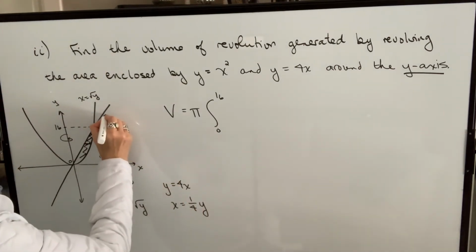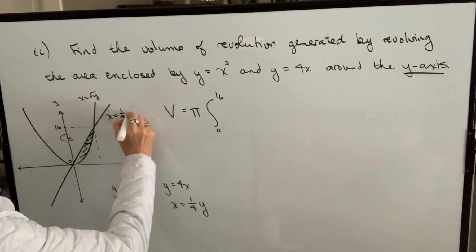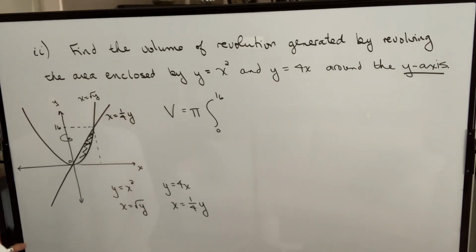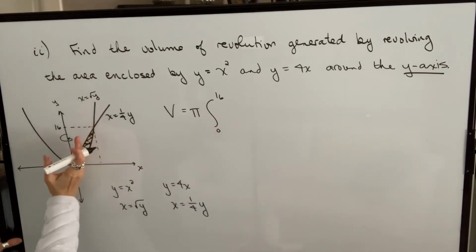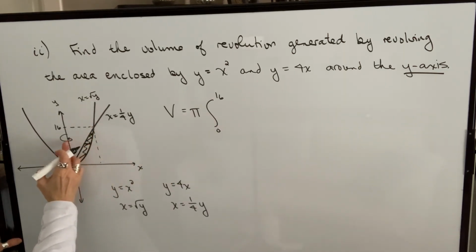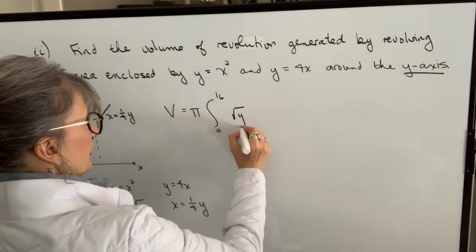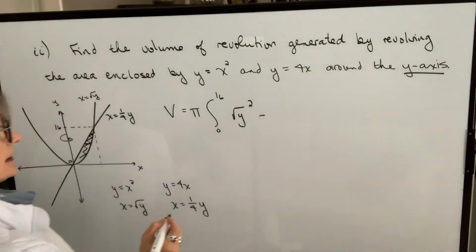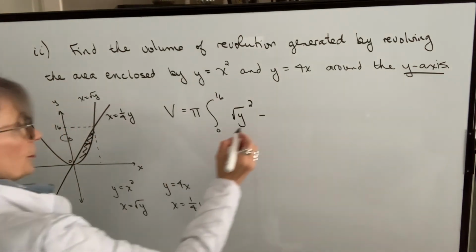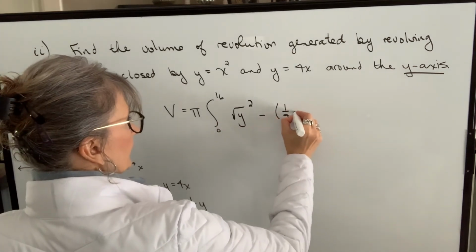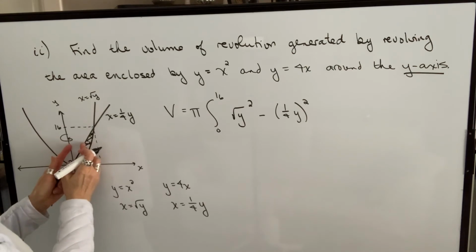So that's this function here. So our outside function, in this case the function furthest away from the y-axis, will be the square root of y, square root of y squared, minus the function closest to the y-axis, which will be 1/4 y squared. So this is like the outside radius, this is the inside radius.